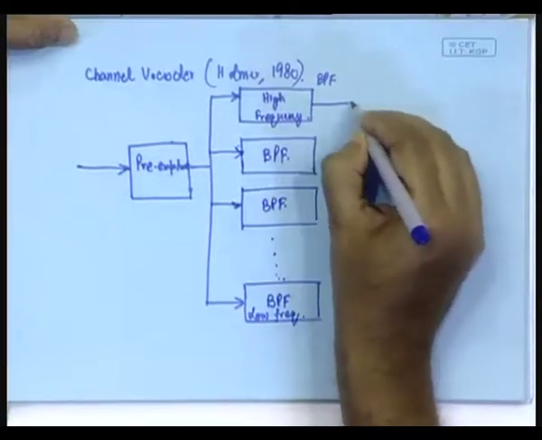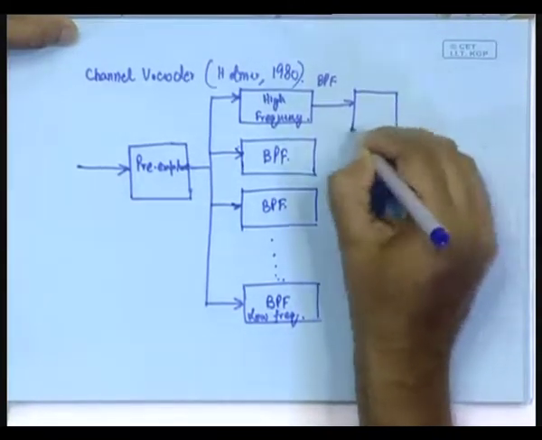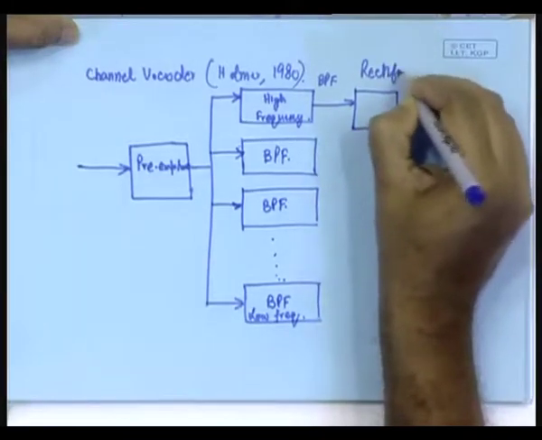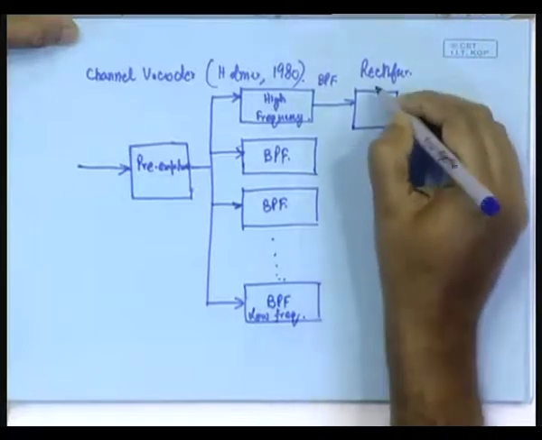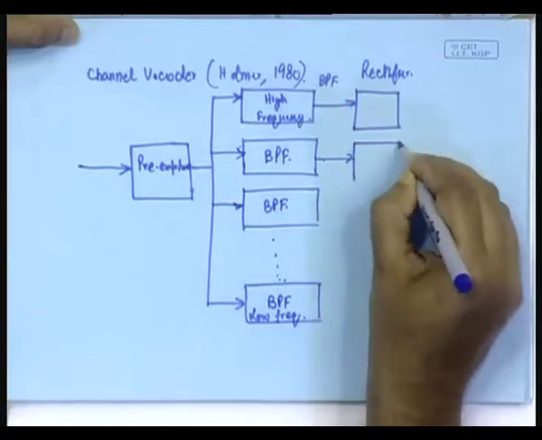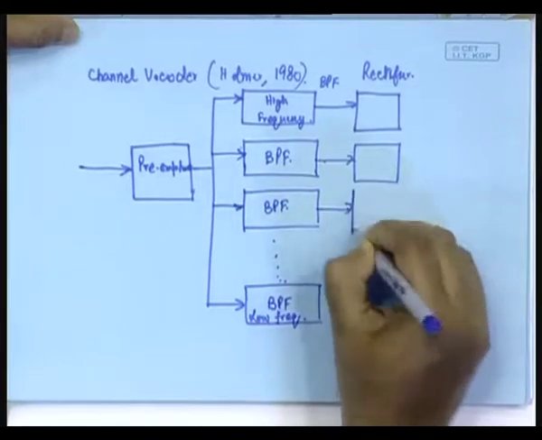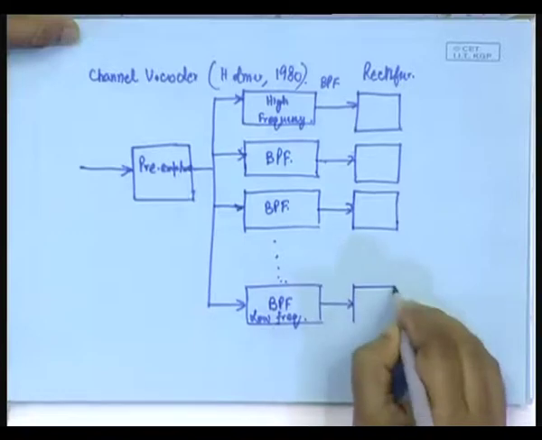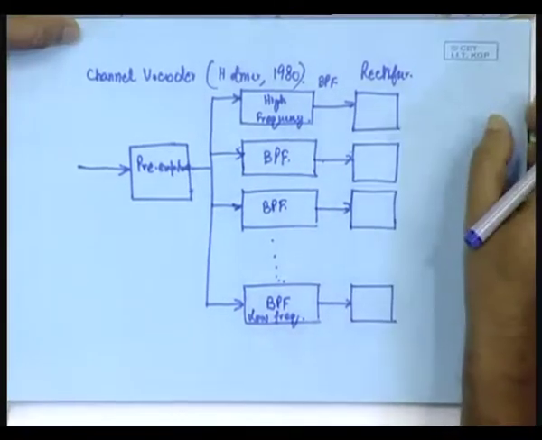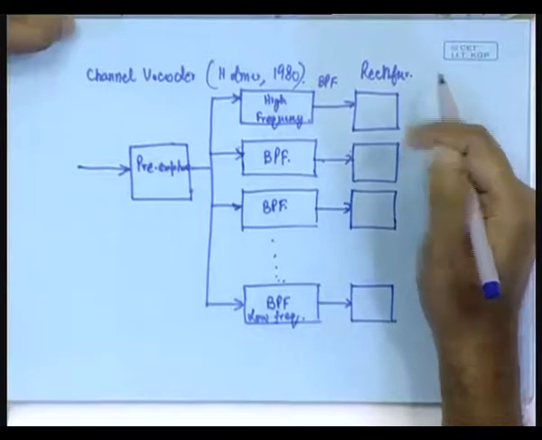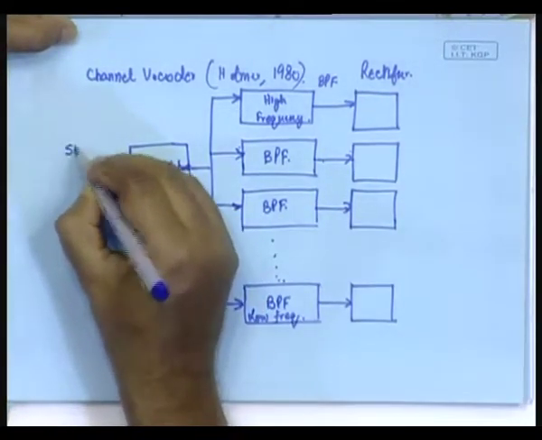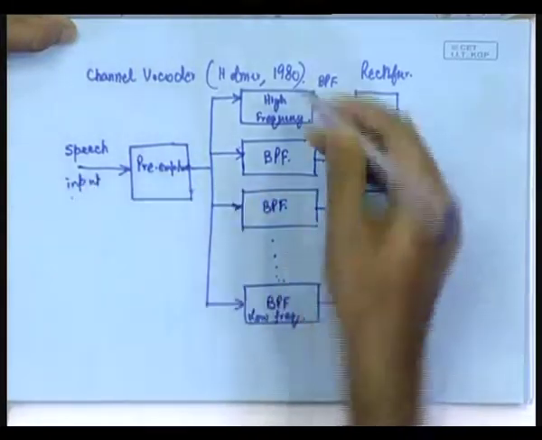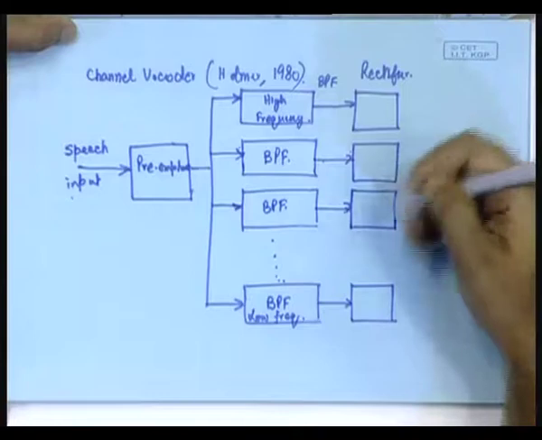Then these filter outputs will be fed to rectifiers. Essentially what we want to do is to extract the energy of the different bands. Given the speech input which is fed over here, we analyze it into different frequency components.